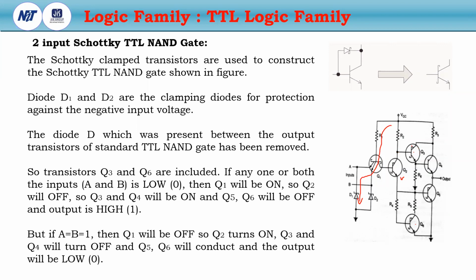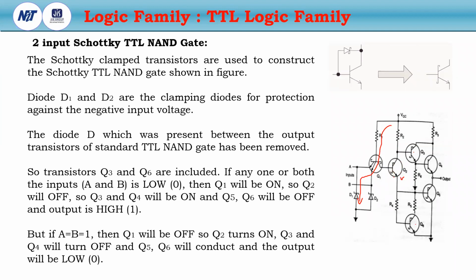So it will drive these transistors as well as this transistor. I repeat again. If Q1 is turned on, the current will flow through R1 and the diodes DA and DB to the ground. So there is no voltage drop at the base-emitter junction of Q2, so Q2 will be turned off.